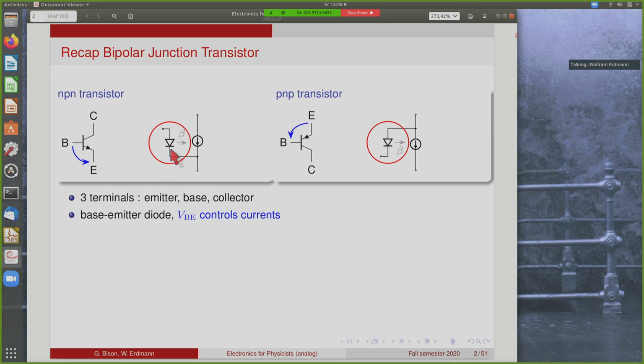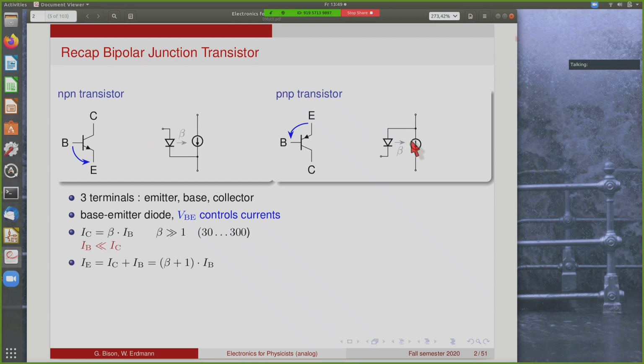In both cases, the voltage across the base emitter diode controls the current in the base, and hence the current in the collector. The direction of this diode is different in the NPN and the PNP transistor. What makes this transistor useful is that the collector current is a large multiple of the base current. So the current gain beta is a number that is much larger than 1.